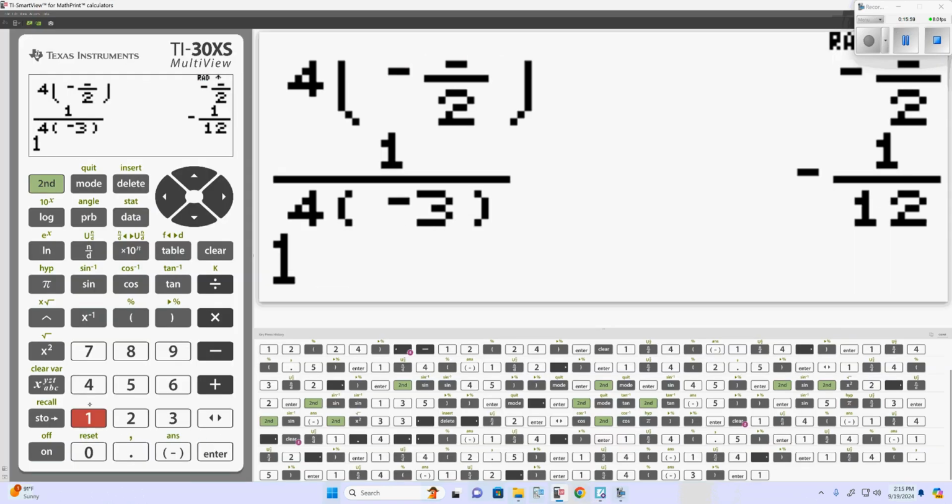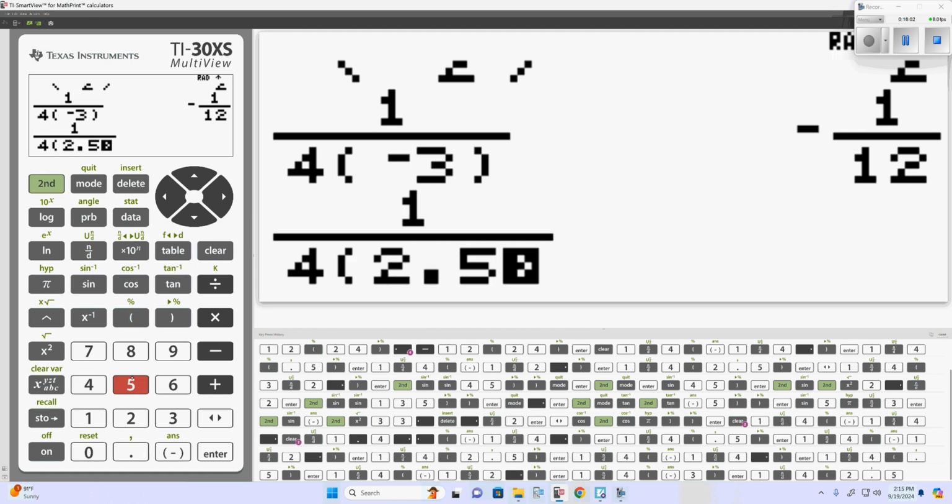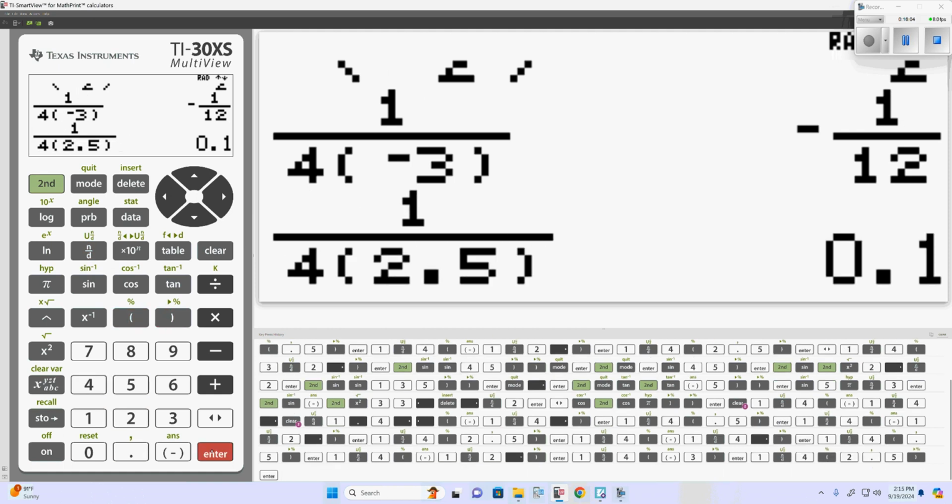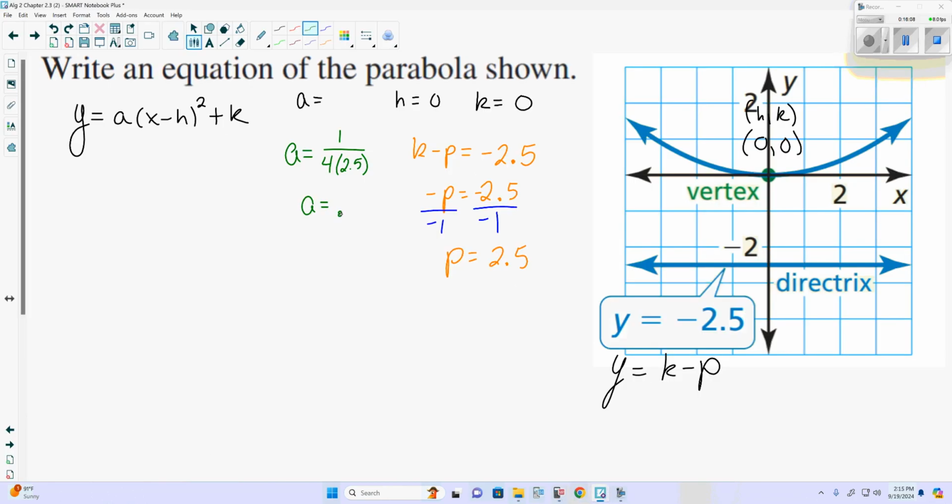a is 1 over 4p, 1 over 4 times 2.5, which is 0.1. So, before we start plugging all this in, are there questions on how we found a, h, k? You good with a, h, k?